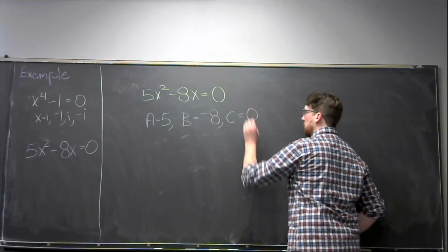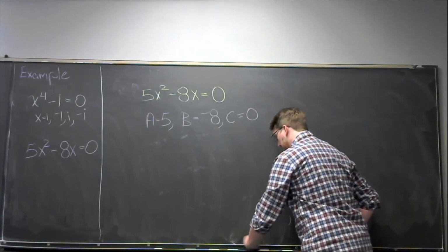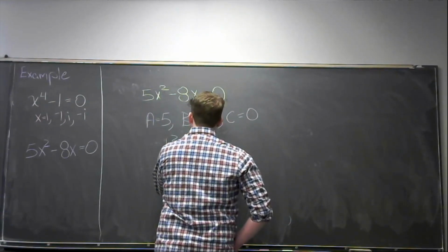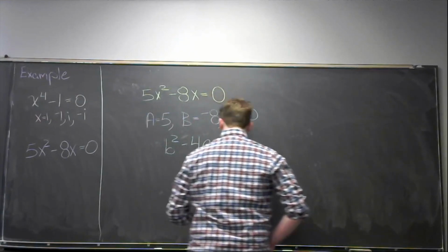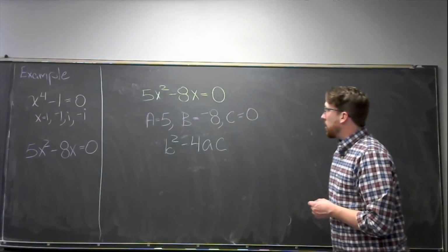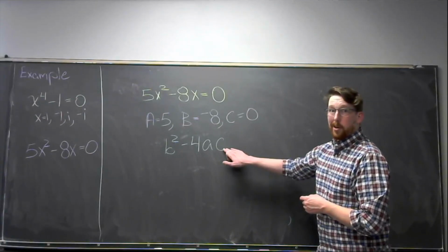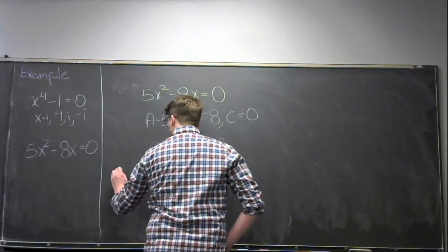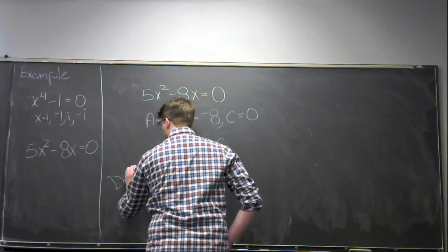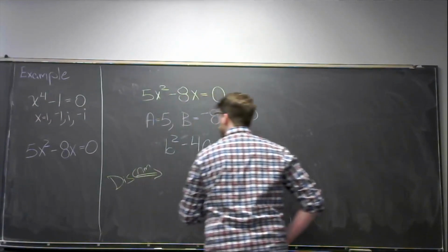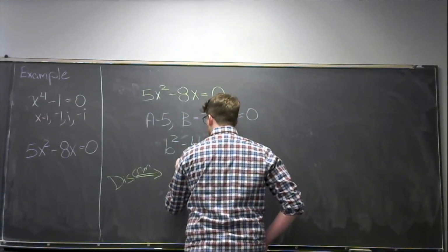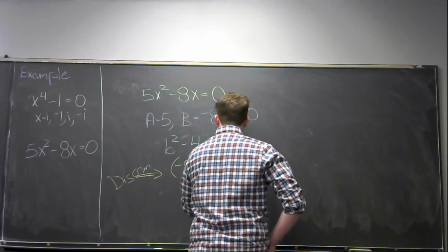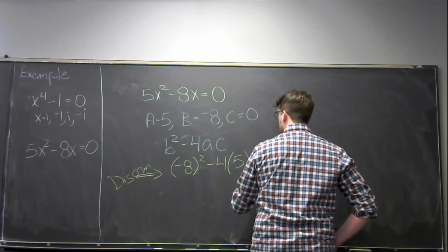All right, cool. And our discriminant is equal to b squared minus 4ac. c is 0, so this disappears, right? So our discriminant is equal to (-8) squared minus 4 times 5 times 0.